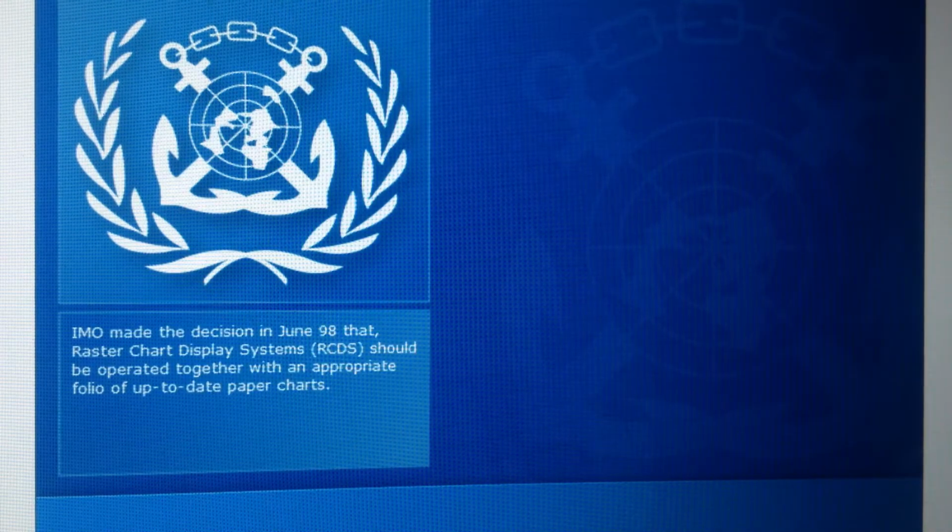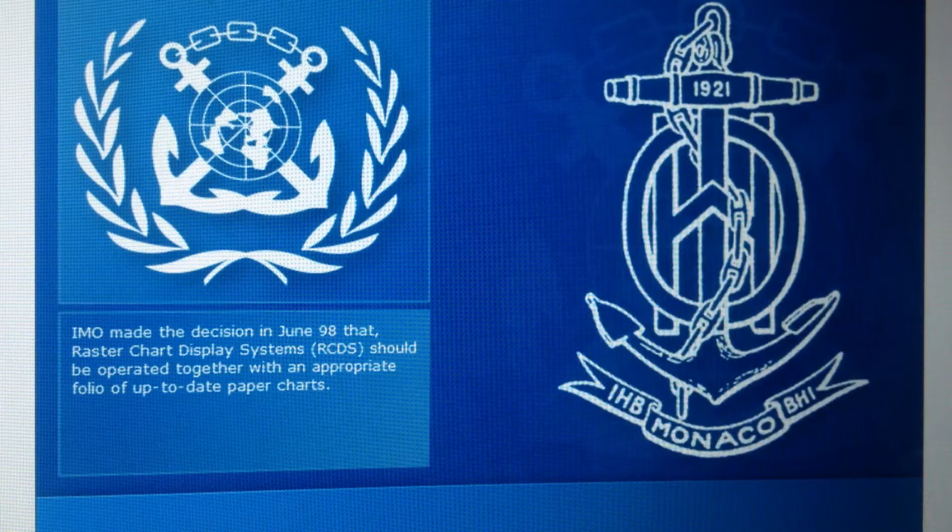IMO made the decision in June 1998 that raster chart display systems should be operated together with an appropriate folio of up-to-date paper charts. Later discussions between IMO and IHO led to the conclusion that raster charts should be viewed as a simplified mode for ECDIS equipment.